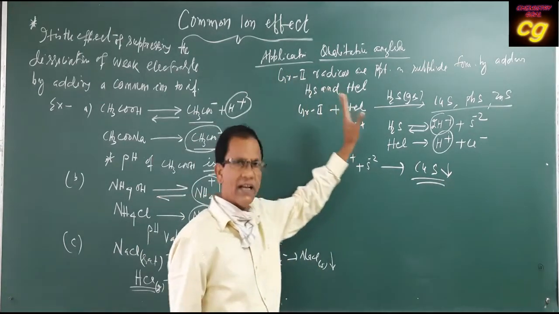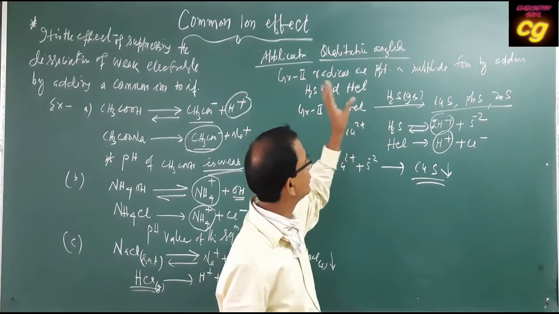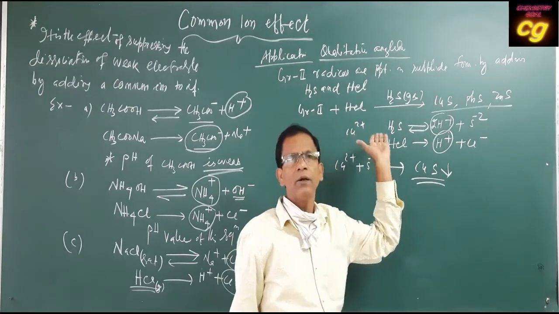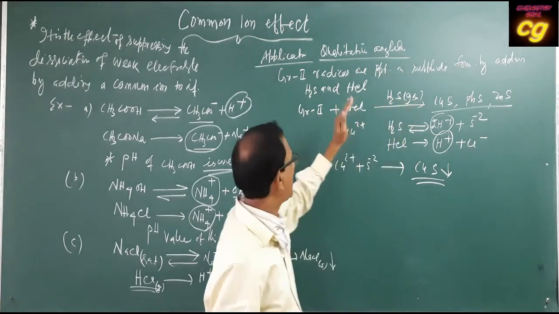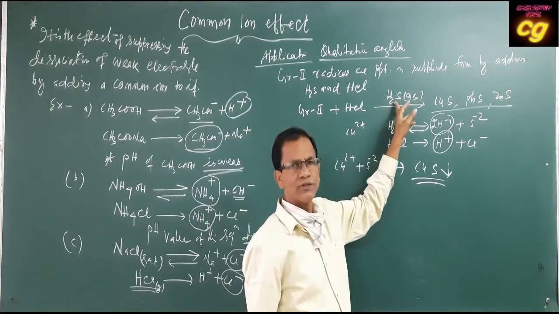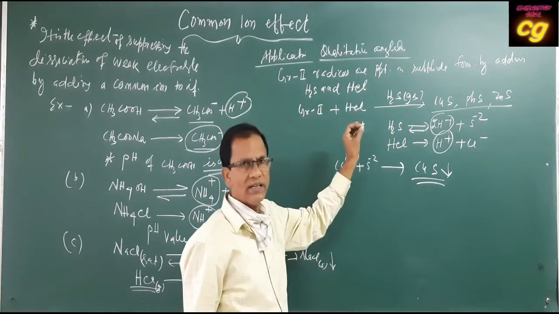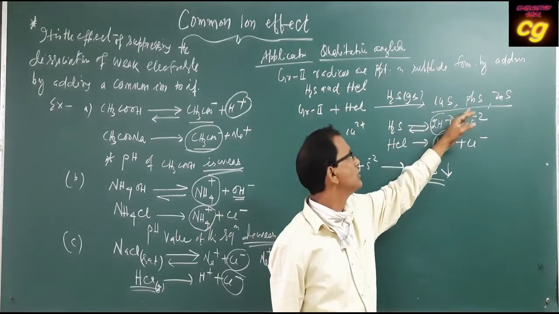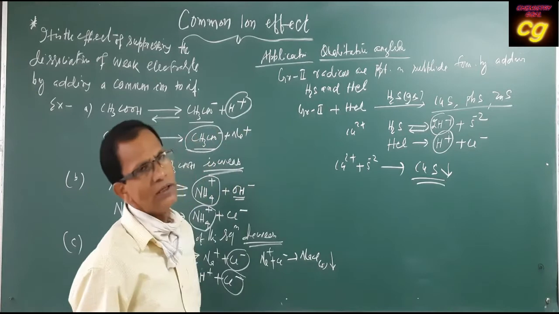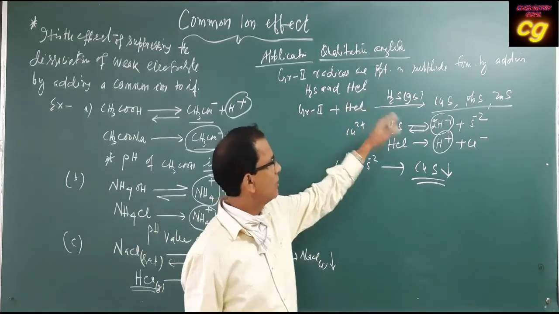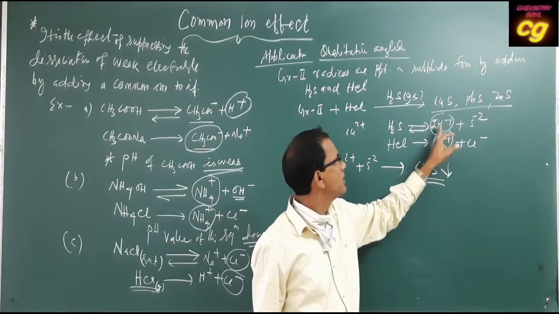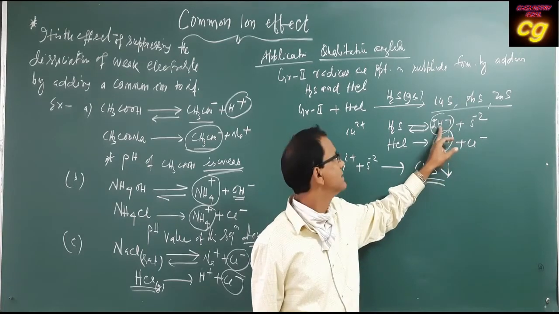So again I am explaining this one, try to understand. When group 2 radicals, first HCl solution is added, followed by H2S gas, the group 2 radicals, Cu2+, Pb2+, Zn2+, like this, will be precipitated in the form of sulfide. Because when you add HCl, it produces H+ ion, so the concentration of H+ ion on the product side increases.